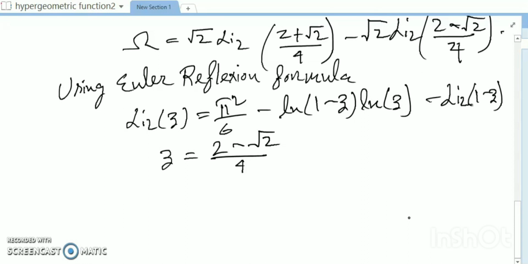So I put in the value z equals (2 minus root 2) divided by 4.